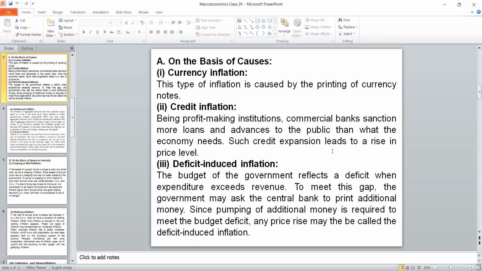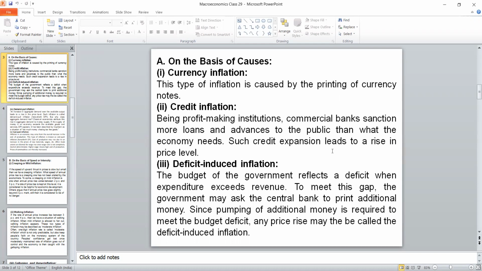The third type is induced by the government. When the budget is implemented, it will reflect in economic indicators. Particularly, there will be a deficit when expenditure exceeds revenue. In order to augment that gap, the government will try to circulate more money.